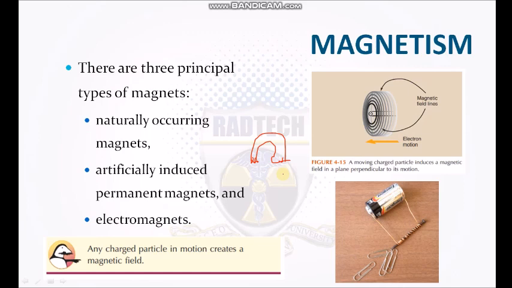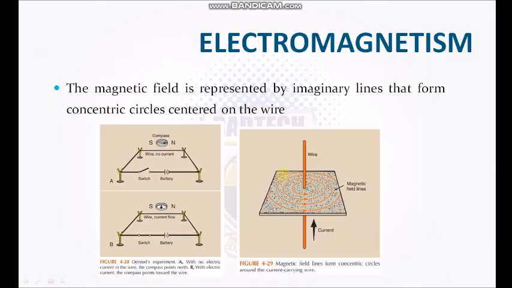Any charged particle in motion creates a magnetic field, which was also demonstrated by Oersted. When Oersted tried his experiment, he had a compass, which is normally directed or magnetized towards the North Pole of the Earth.